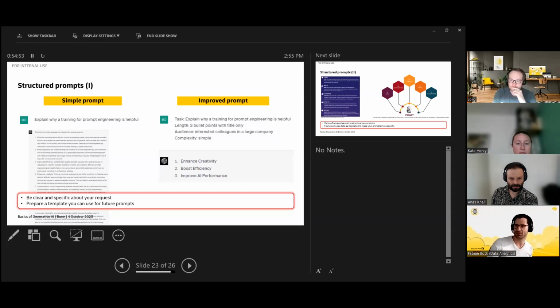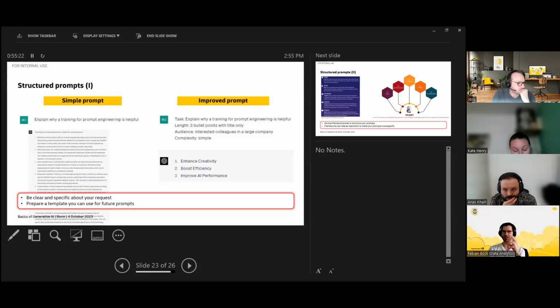I will just finalize with a last tip on how to use ChatGPT. Instead of directly saying in a sentence, okay, this is what I want to get out of it, you can give it a structured prompt. That means you can think about a task. Maybe you also want to specify the way you want to get an answer. You can specify who is the audience, maybe the complexity.